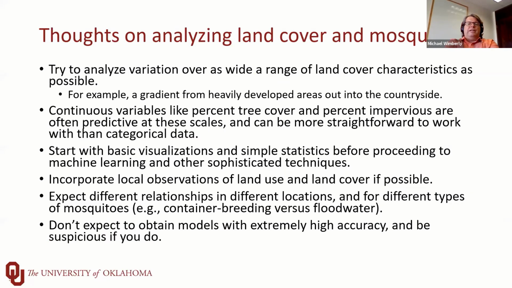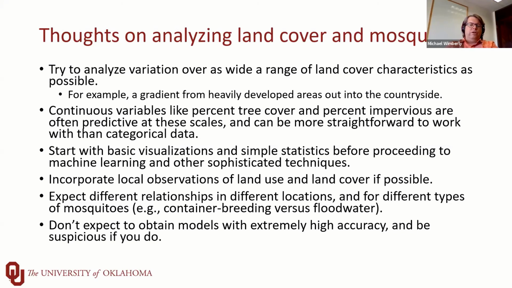And then, I don't want to spend a lot of time on this, but just some lessons learned for anyone on the call who wants to work with land cover and mosquito relationships. The relationships are always going to be noisy, no matter what.